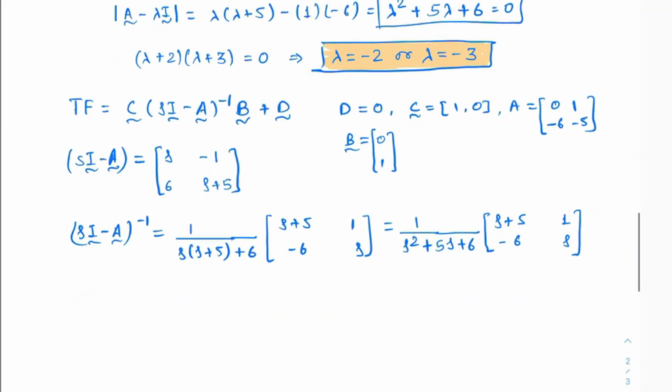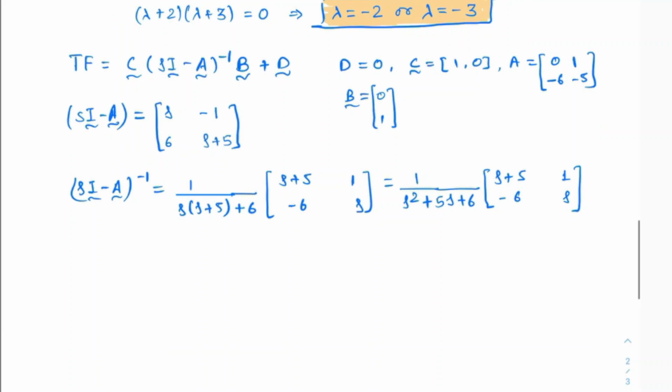So let's plug it into the transfer function equation. This is 1 over s square plus 5s plus 6, which is a scalar because it is the determinant, so let me take it out.